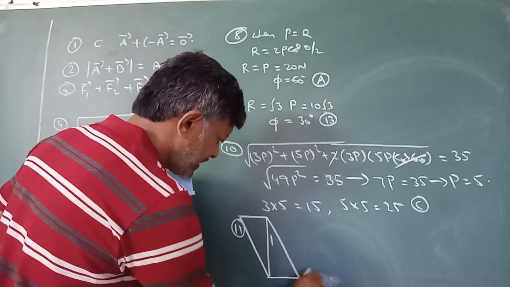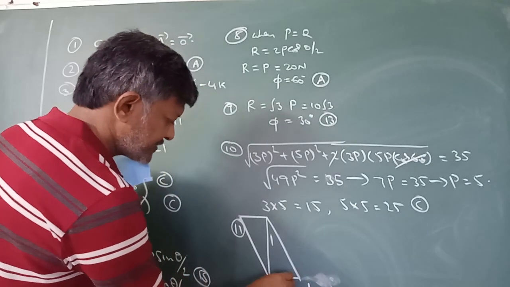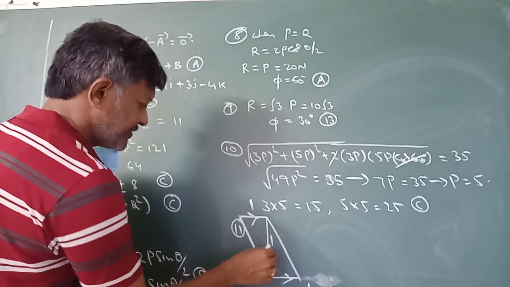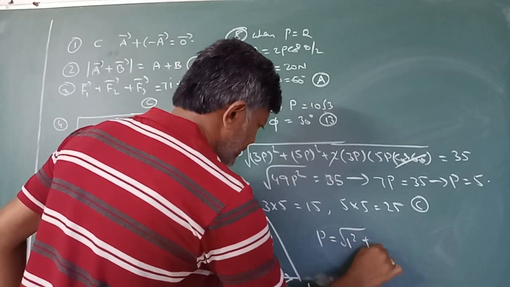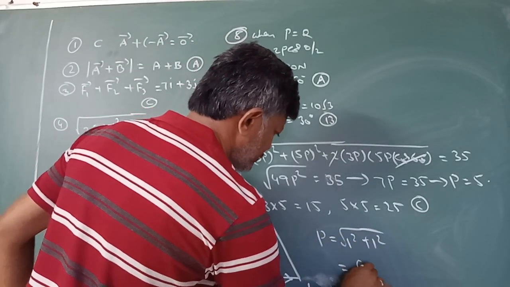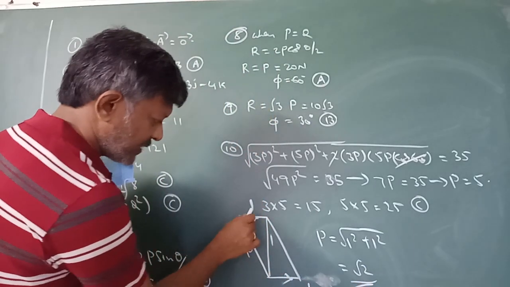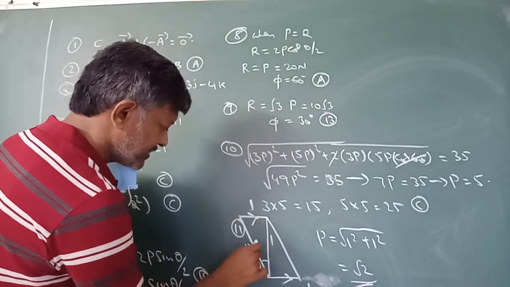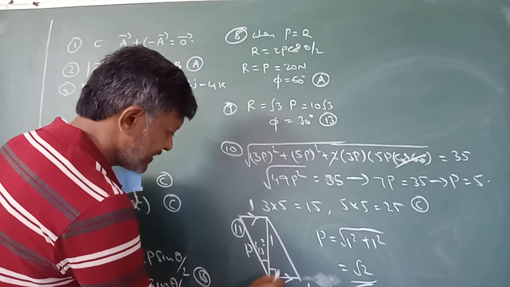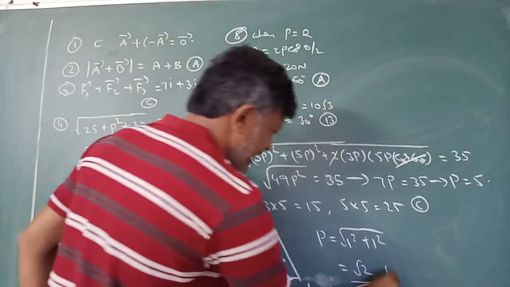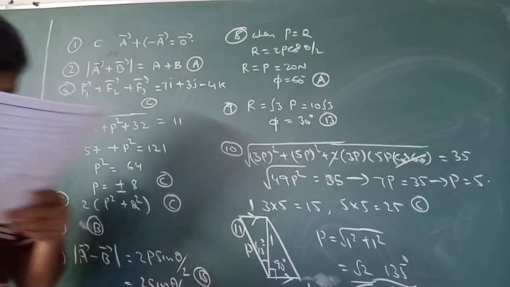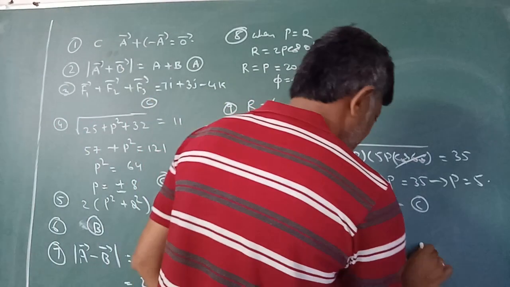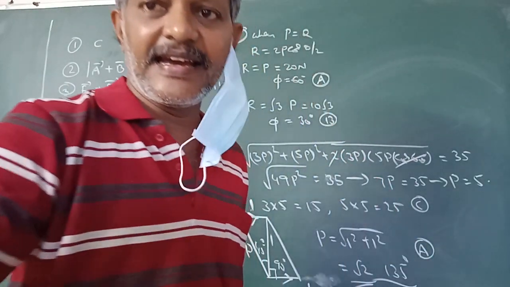This is 1, so P is root over 1 square plus 1 square, root 2. This is 1, so the angle is 45 and this angle is 90. Therefore the total angle is 135 degrees. So root 2 comma 135.